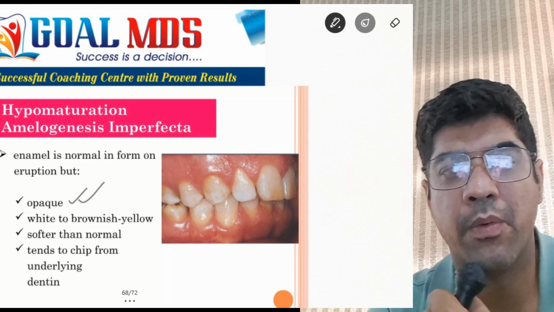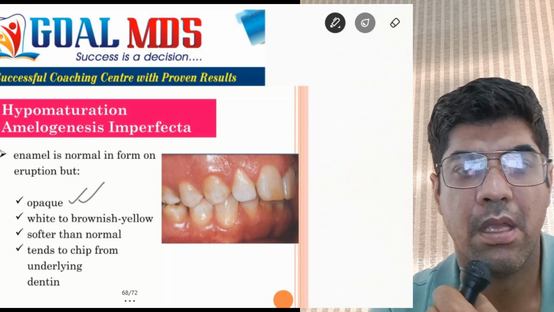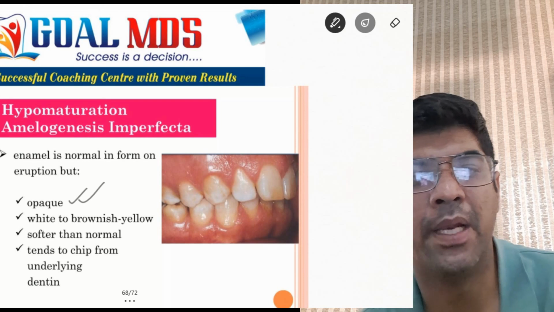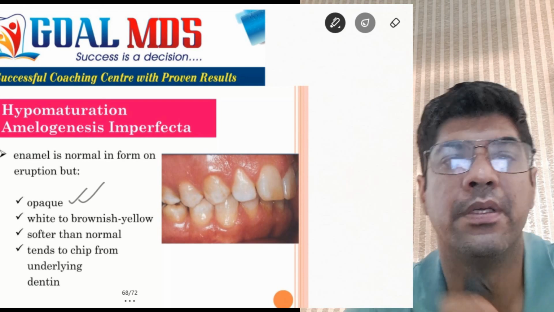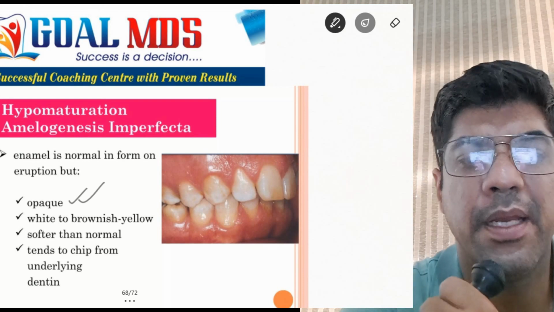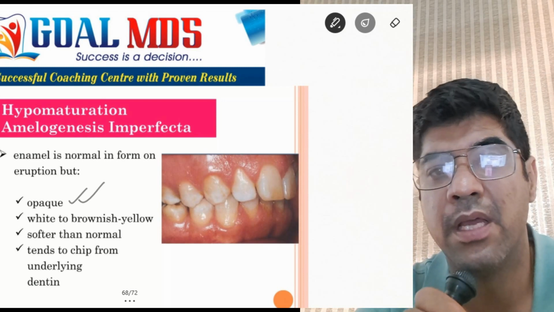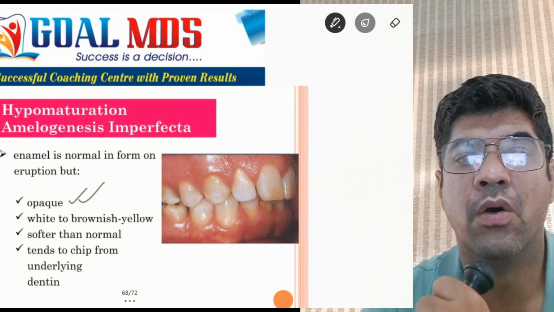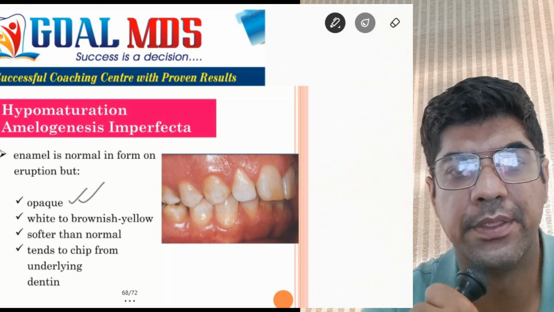Mottled agar brown enamel could be seen, and on post-eruptive appearance, there is brown discoloration and the enamel would chip down. Another important fact is the snow-capped hypomaturity pattern, which has a white opaque zone of the crown on the incisal or occlusal quarter to third.